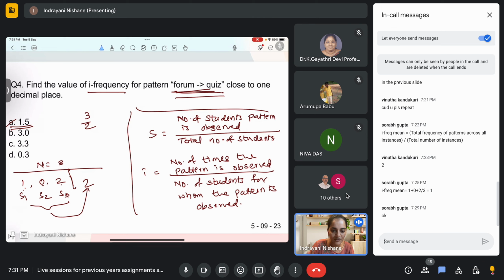For 2 students this pattern was observed. That means the S support becomes 2 by 3. And I support comes out to be 1 plus 0 plus 2, which is 3, divided by 2, the number of students for whom this was observed. So 3 divided by 2.